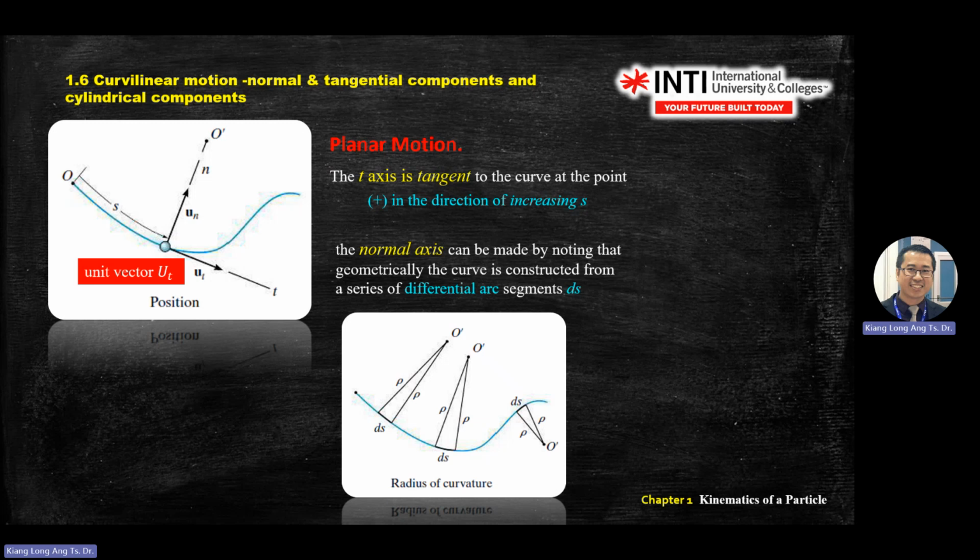In this case, the R is represented by rho. The symbol rho is just to differentiate it from the normal R. We use this rho every time you see there's a curved motion. Rho is actually a radius. Every radius is different. This point is different, this point is different, and there's an equation for that.